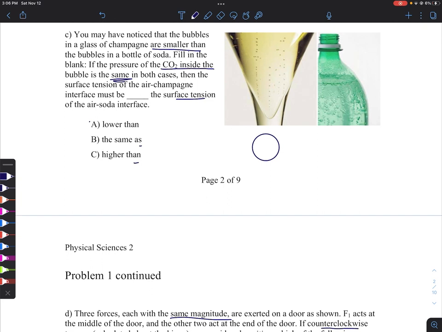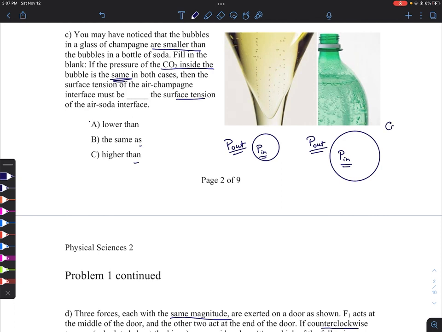So here's our champagne bubble, and here's our soda bubble, and we're told that it's bigger. We're also told that the pressure inside each bubble is the same. So this P in equals this P in. Assuming that the two bubbles are the same depth in the liquid, P out over here for the champagne should be equal to P out over here for the soda.